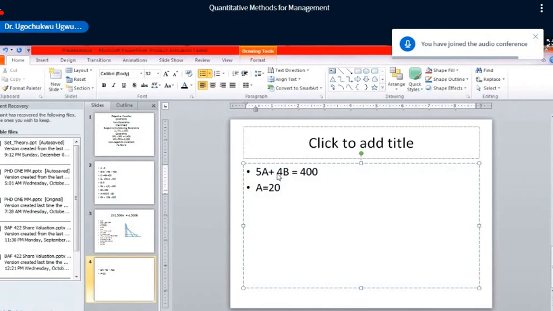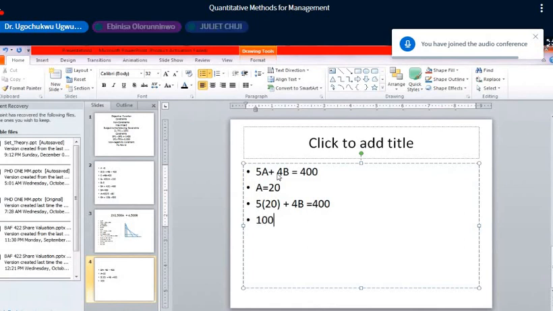Now, simple. How do you do? Already you know what A is. A is 20. So how do you now determine B? Substitute 5 into 20 plus 4B equals 400. So 5 times 20 will give you 100.